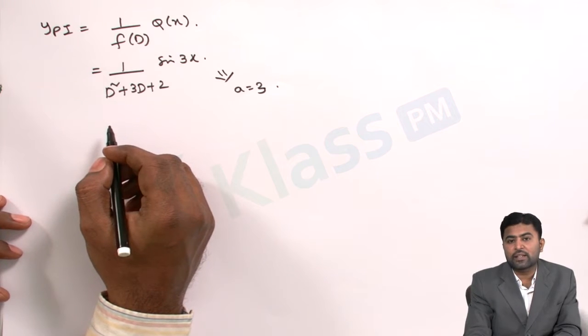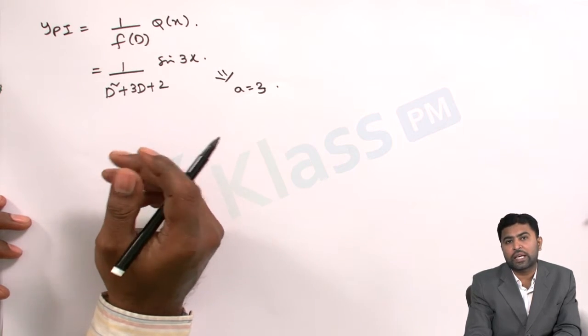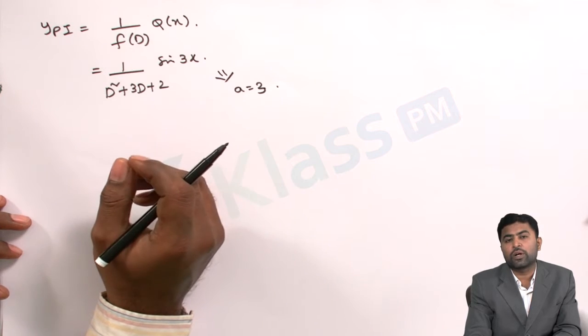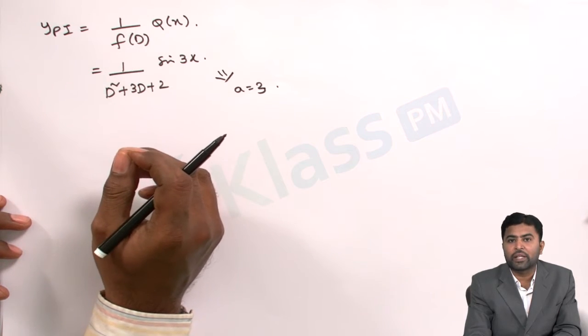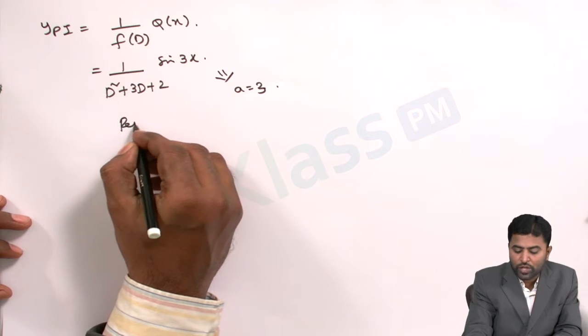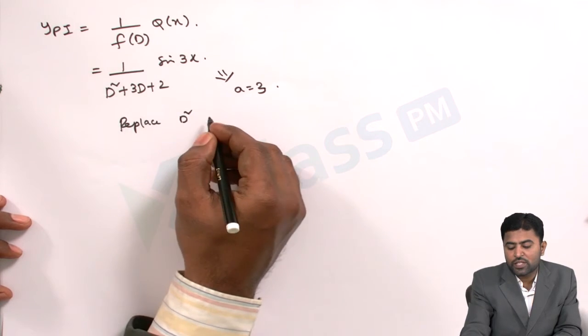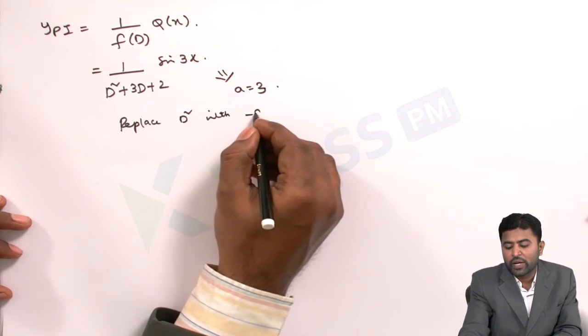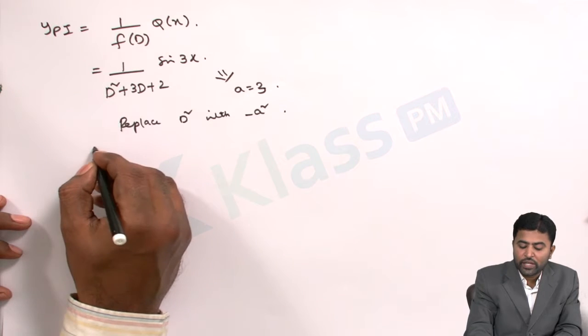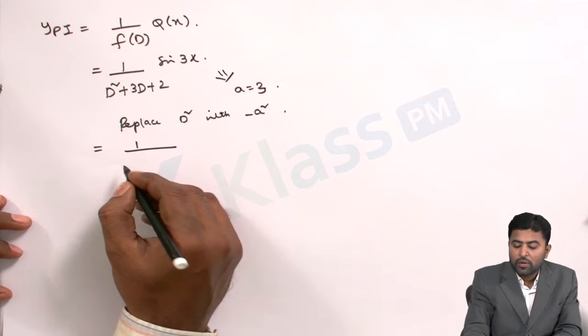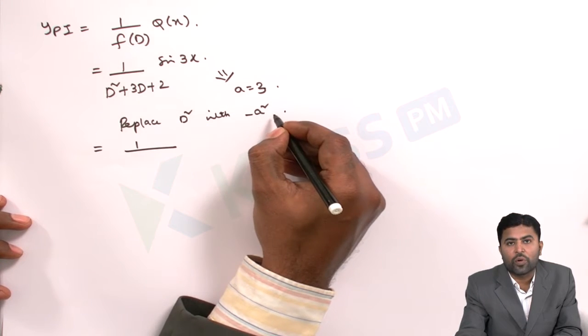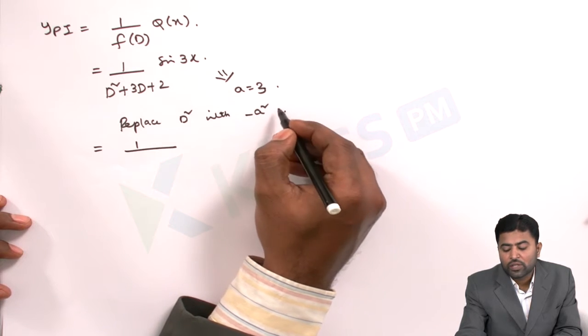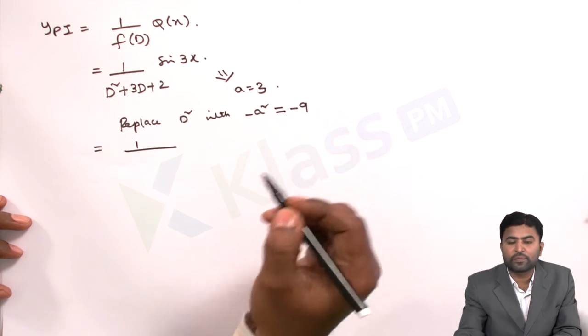So as I discussed earlier, for sin ax or sin of ax plus b, cos of ax plus b, you have to replace D square with minus a square. Then we get 1 by D square replaced with minus a square. But a is equal to 3. So that becomes minus 9.